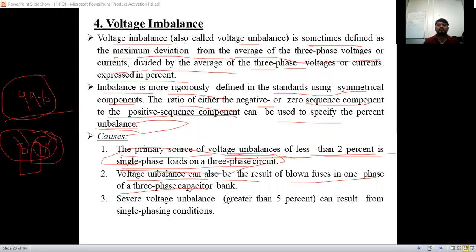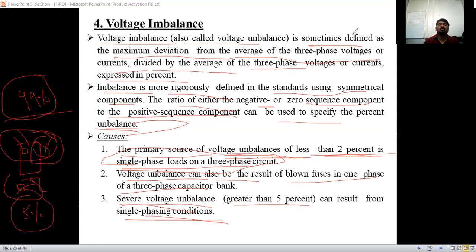Severe voltage unbalance, greater than 5%, can result from single phasing conditions. If it is up to 2%, that is no problem, because we are using a single phase load on the 3-phase supply. But if there is more than 5% voltage unbalance, that is a serious or severe issue, so we have to balance the loads.